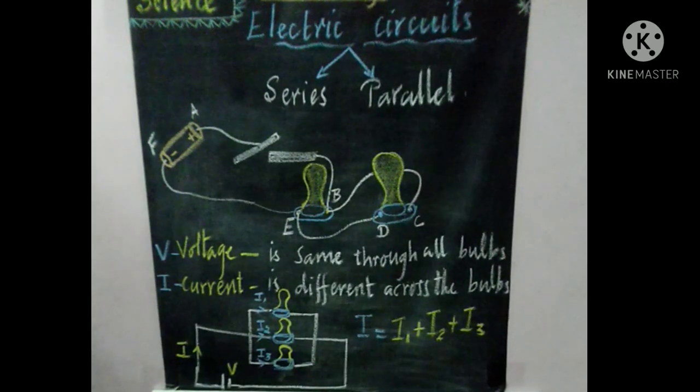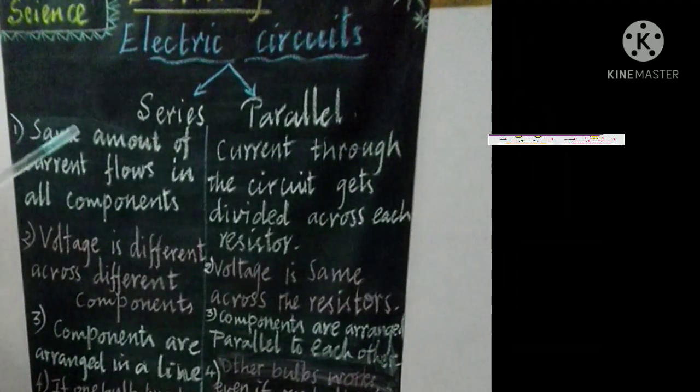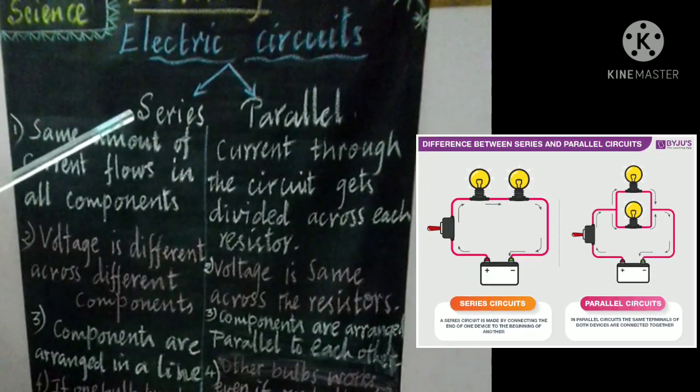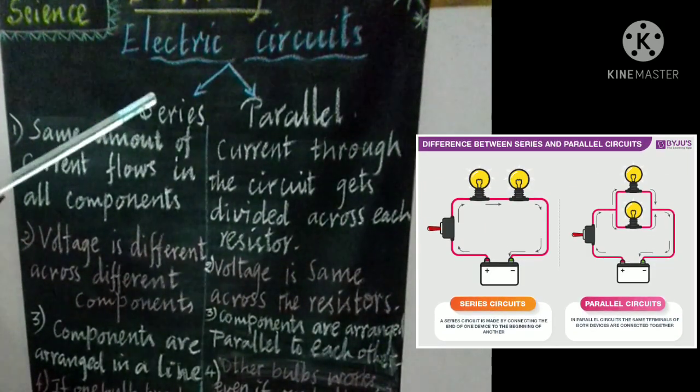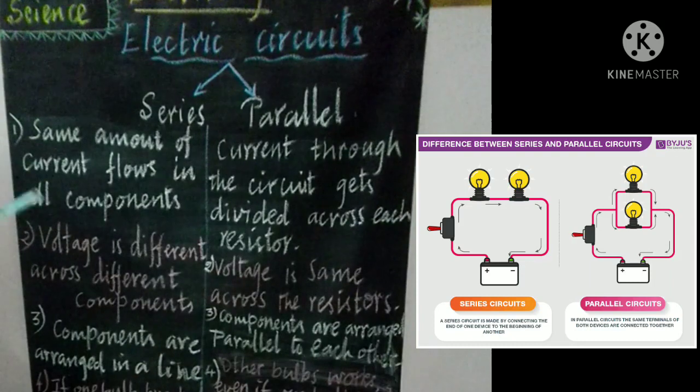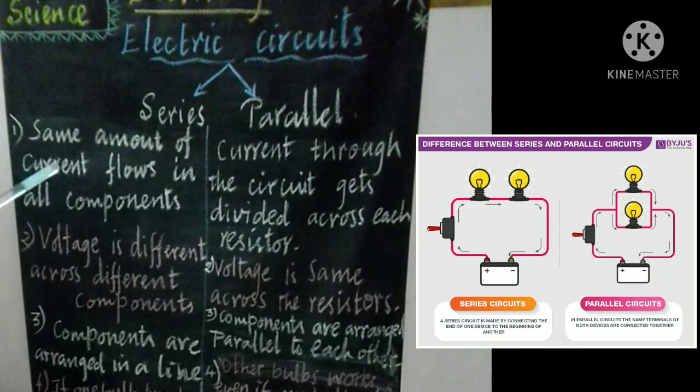Next, we will discuss the difference between series and parallel circuits. Finally, we conclude these two electrical circuits by differentiating their properties. First one, current. You know the current flowing in a series circuit is the same.